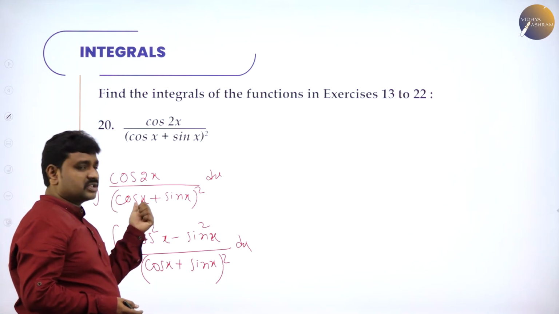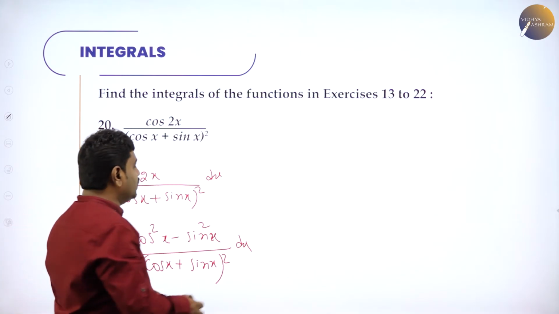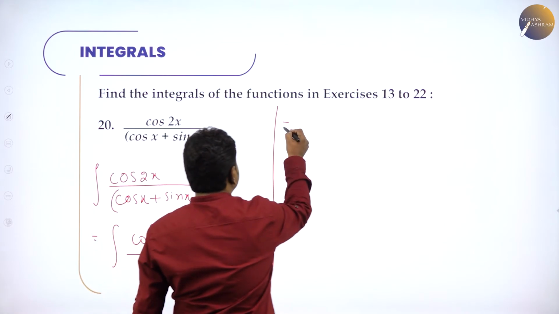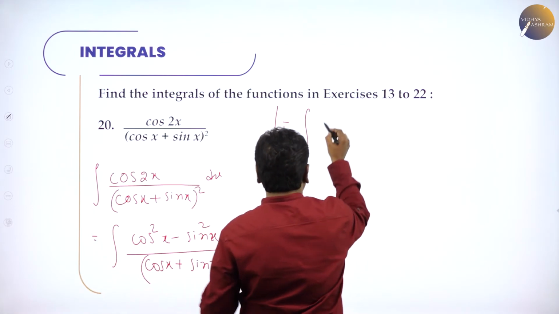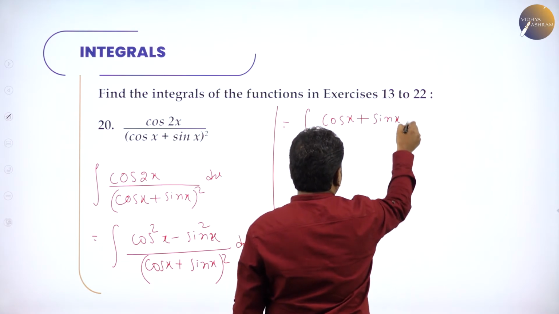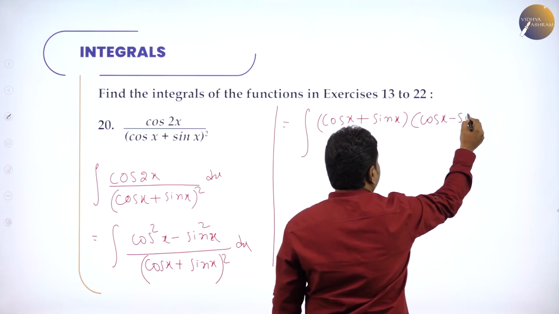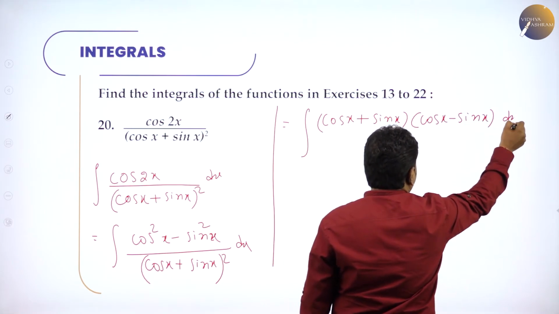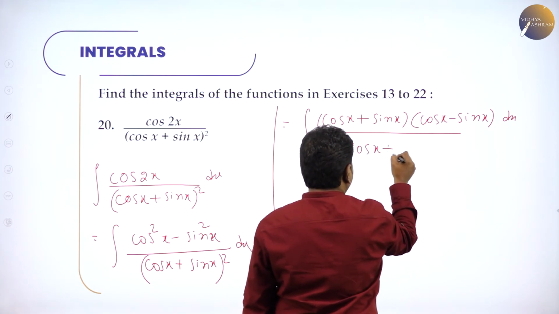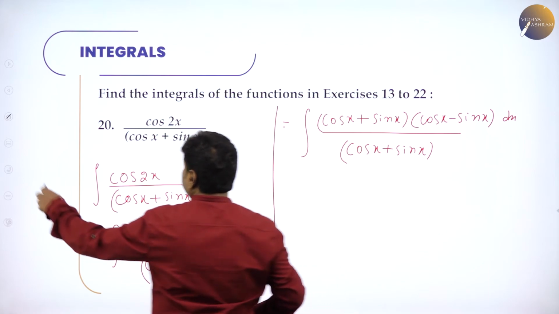Because I saw cos x plus sin x, I am writing cos 2x as cos square x minus sin square x. Again, the numerator is in the form a square minus b square. All of you know a square minus b square can be written as a plus b into a minus b. So the numerator I can write as cos x plus sin x into cos x minus sin x, dx, divided by the denominator cos x plus sin x the whole square.